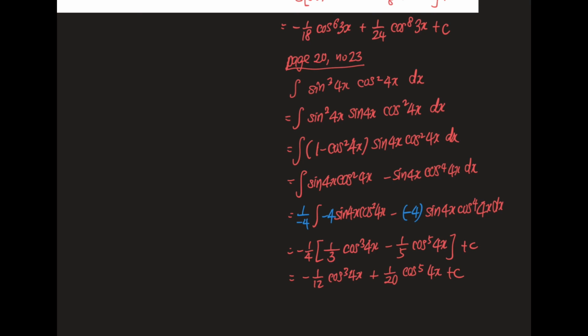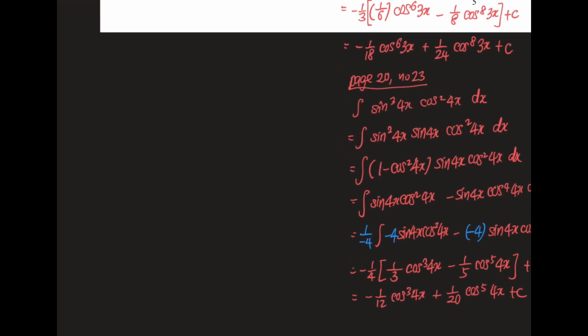Now let's see one example that involves even power for both. I'm going to use page 20 again, number 20. So I have the integration of sine square half x cos square half x dx.